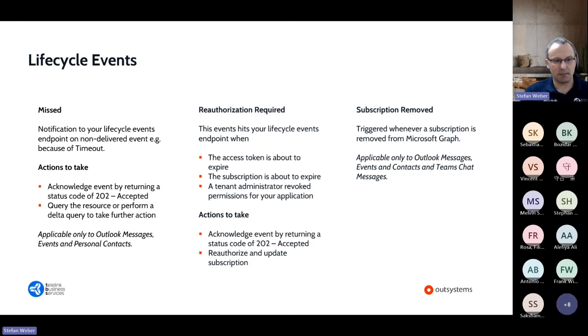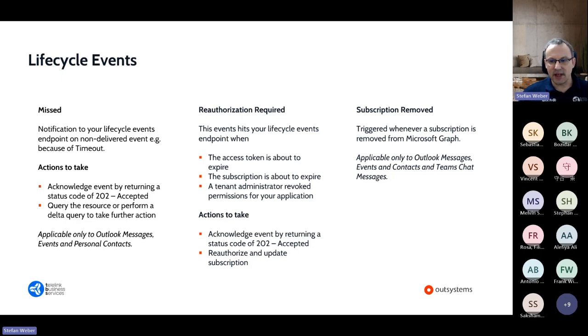That is a stepped retry. It takes a few seconds, then it does a retry, another retry, another retry, and then it just stops sending that notification and sends a missed notification to your lifecycle endpoint.